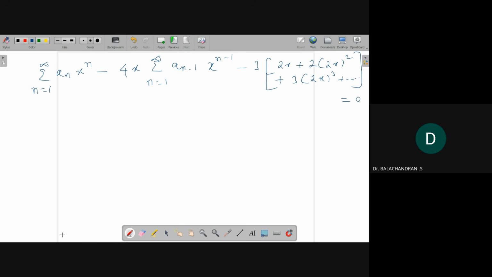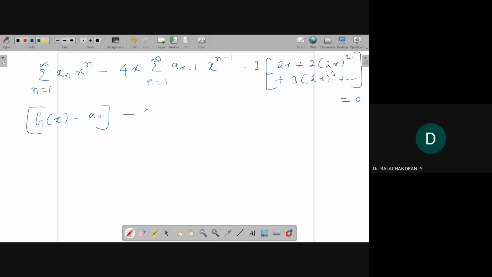Okay, so here it starts from the first term, a_1 x. Suppose if I write this as g of x, I need to subtract the first term. What is the first term? a_0. Now actually this is starting from the first term, because a_0 starts from the first term.